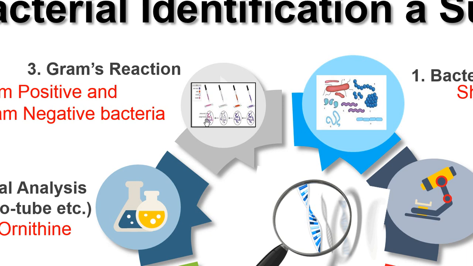While those bacteria that appear pink or red in color became decolorized at the stage of treatment with the alcohol, and they were rich in lipid content, that's why the lipid got dissolved and they became colorless, and that's how they take up the color of the secondary or counter dye, that is safranine.